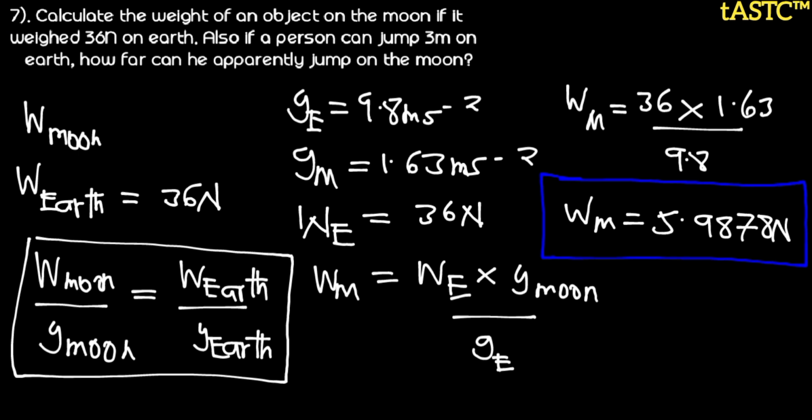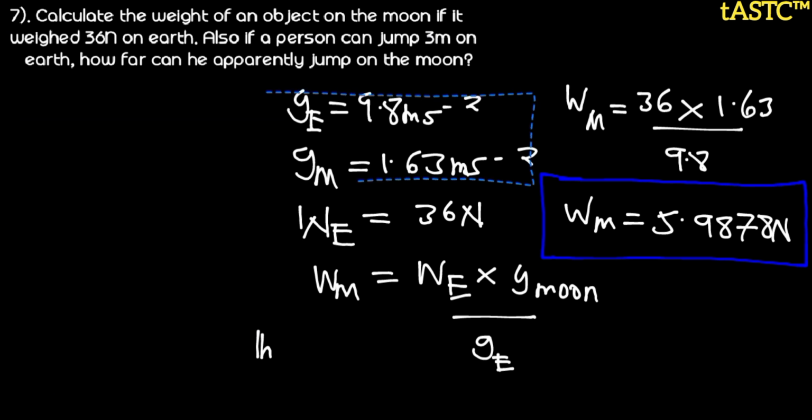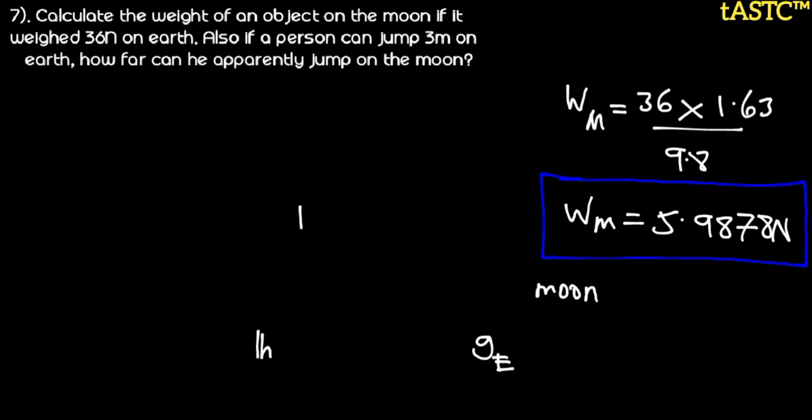Now the next question there is for us to find the height which a person can jump on the moon, if he's able to jump 3 meters on the Earth. So what formula can we use to solve this question? How are we going to solve it? Now, the height that the person is able to jump on the moon, we're going to represent that as h sub m.